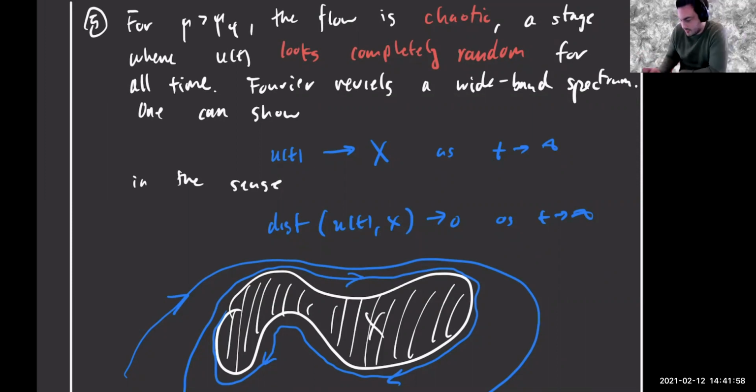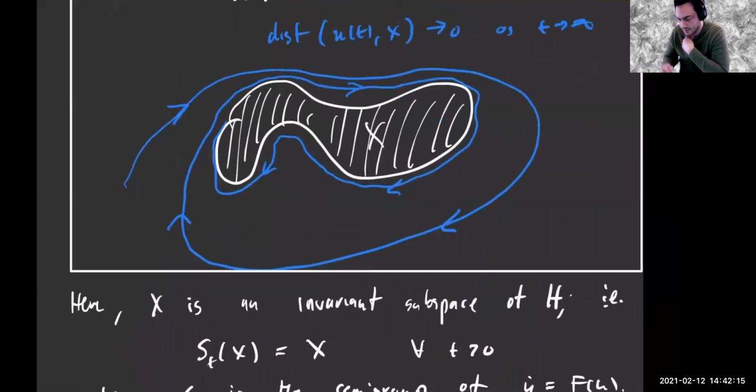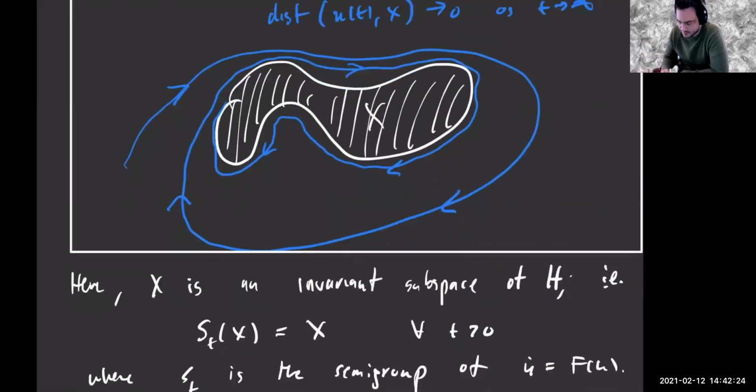And here, what can happen is that orbits are attracted to some compact region of phase space X as time goes to infinity, in the sense that, in the topology that your dynamical system is endowed with, the distance between the orbit and X goes to zero. So here's just a cartoon of it. And this X is an invariant subspace of the phase space H. So if you start in X, you stay in X. And in fact, you can have a dynamical system on this attractor X.